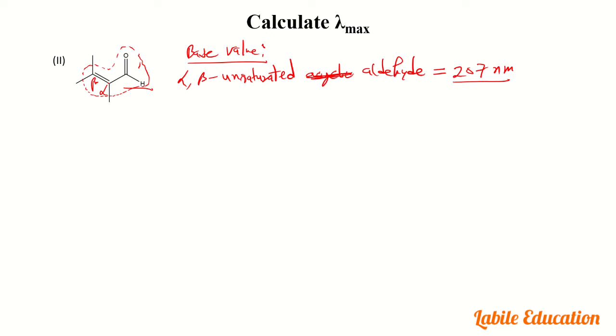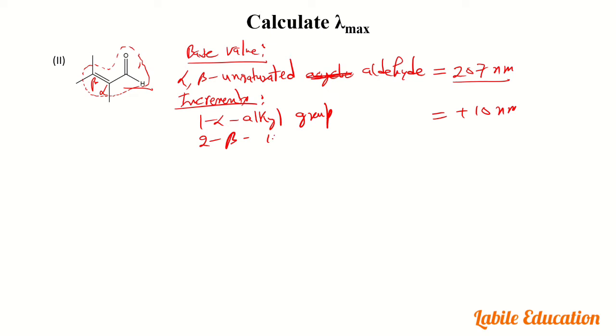Now at the alpha position you can see there is one alkyl group, so increments: one alpha alkyl group, and that will contribute at alpha plus 10 nanometer. At beta there are two beta alkyl groups, so at the beta position it will contribute 12, double value because there are two in number, so total 24, and there is nothing else.